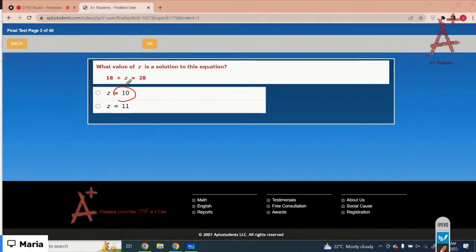So replace the z with 10. 18 plus 10 equals 28. Just add, and see if they both are equal. 18 plus 10 is 28. So 28 equals 28. Got it?